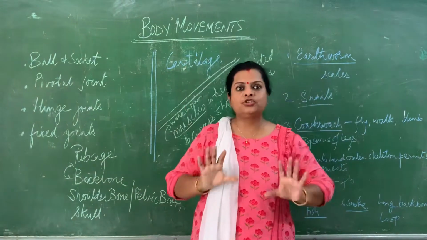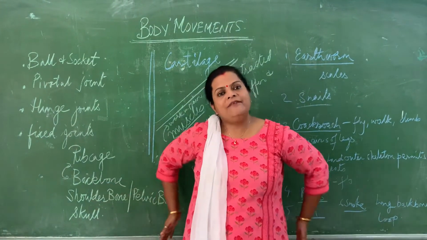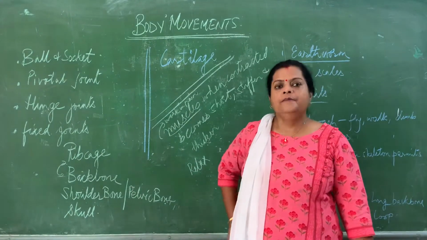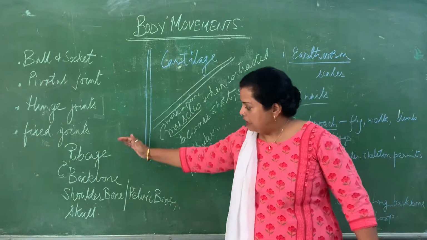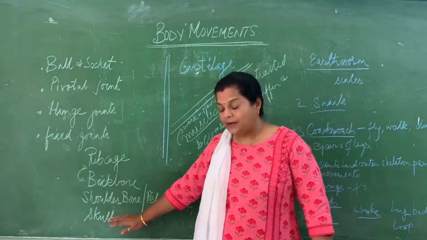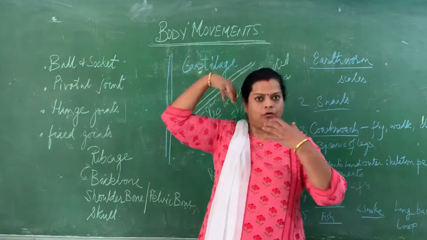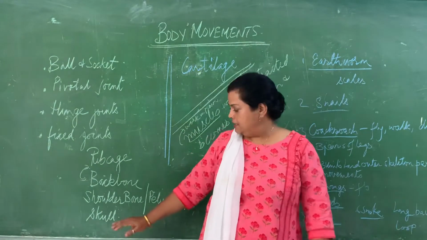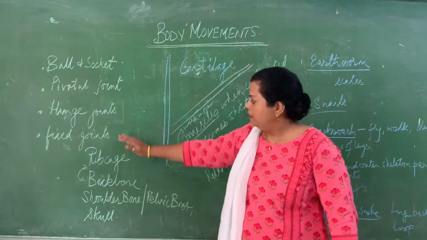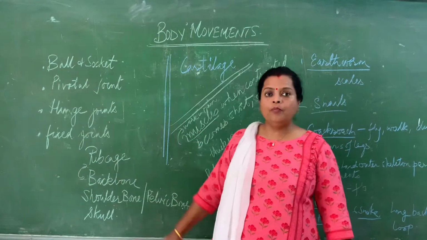You can feel the shoulder bone. And at the same time, we have our pelvic girdle or the pelvic bone. And these are again part of our skeletal system. And above all, the skull, that whole part we call our skull. So all this helps in the body movements.